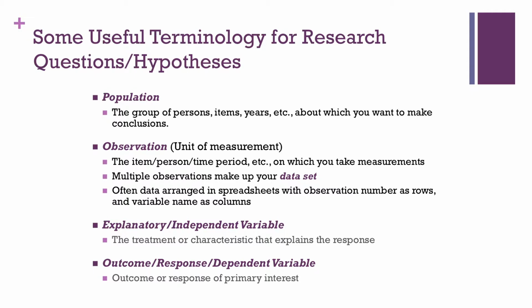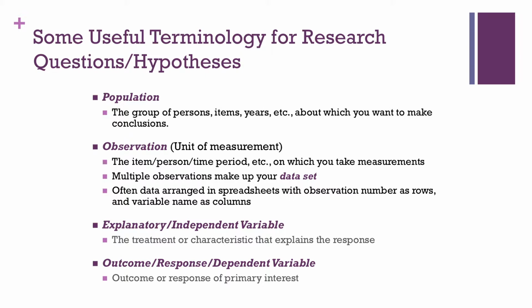Generally in statistics, you may hear this referred to as the target population, and this would be the group of persons or items or years or whatever you're studying about which you want to make conclusions. So in the stoplight example, I may be making conclusions about the cars, or the drivers in the cars more specifically, and that would be drivers of cars would be my population.